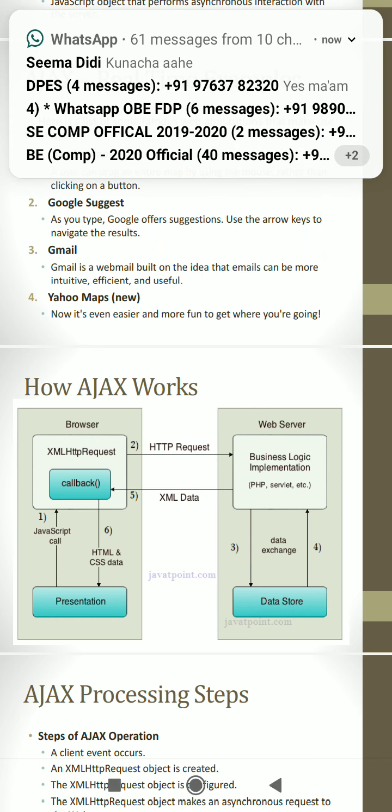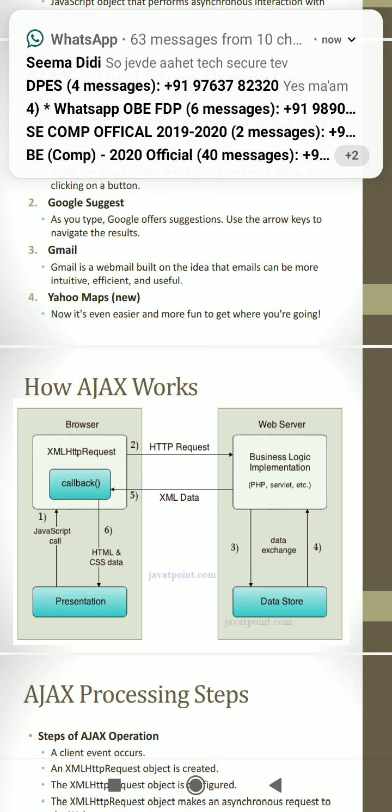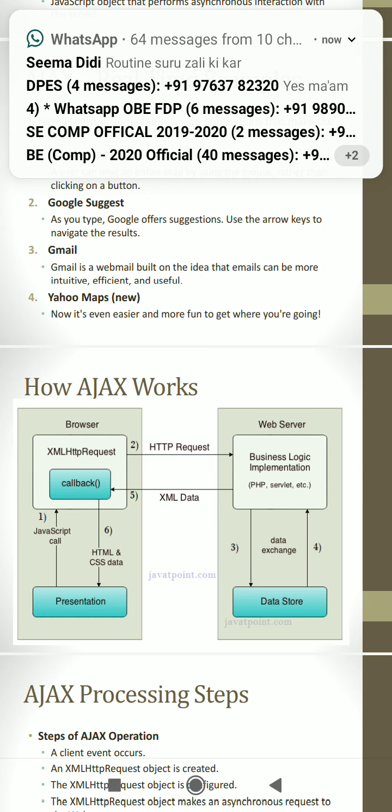Next point, number five, XML data. The server sends that data in the form of XML through the XMLHttpRequest callback function. That callback function is used for sending the data from the server to the client.